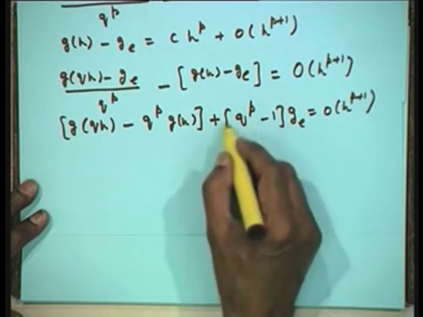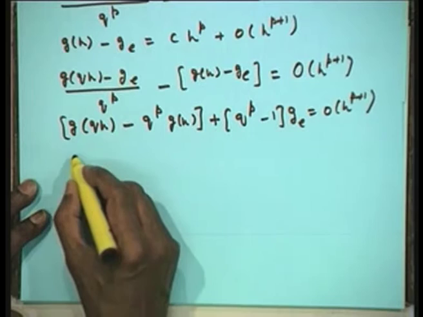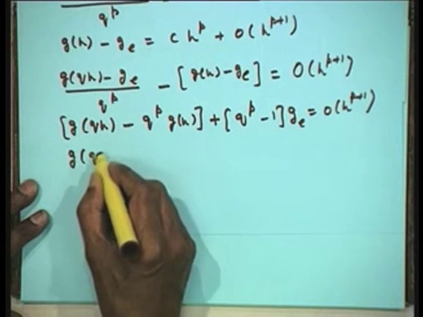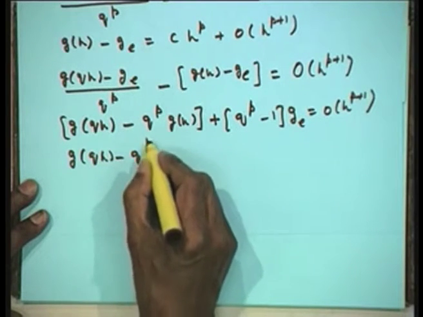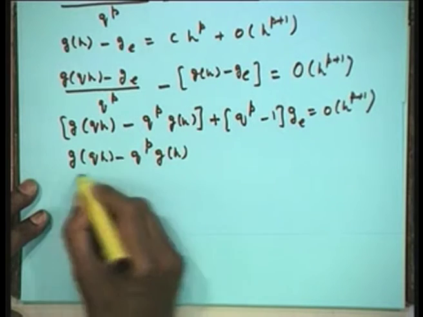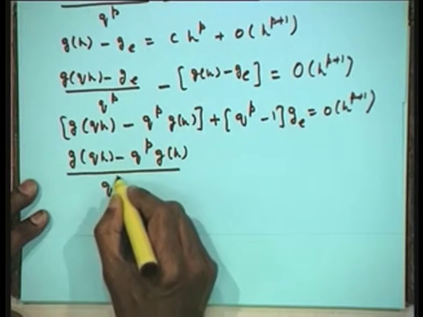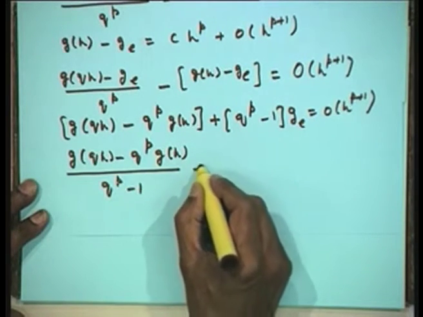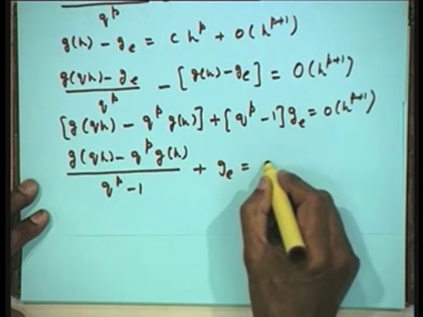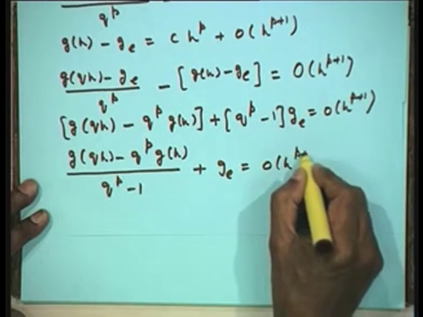Now, if I divide throughout by q to the power of p minus 1, I would have the expression G q h minus q to the power of p G of h divided by q to the power of p minus 1 plus G of e is order of h to the power of p plus 1.